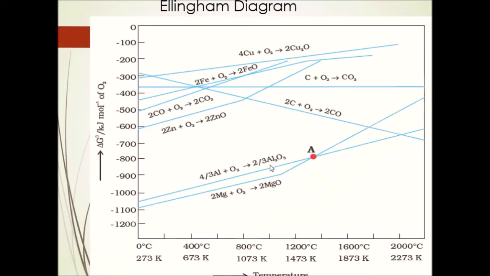Any metal can reduce the oxides of other metals which lie above it in the Ellingham diagram. This is most important when you look at this Ellingham diagram. Now what do you mean by this?